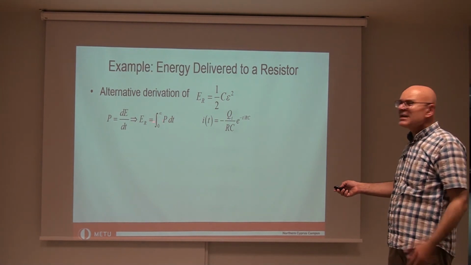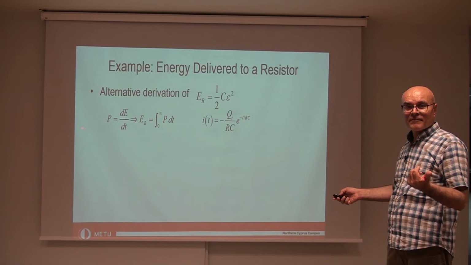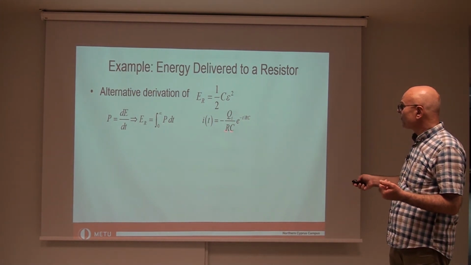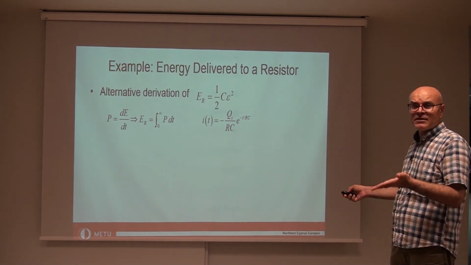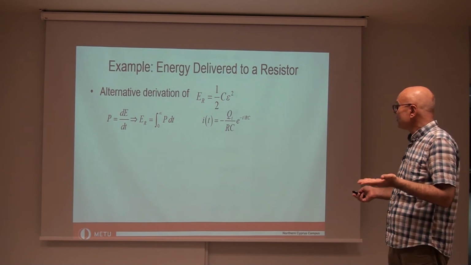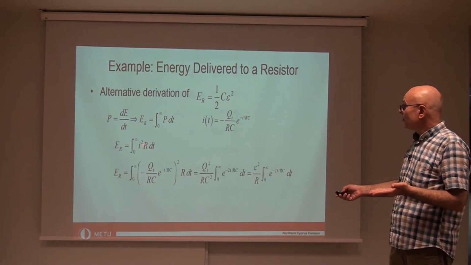Now what is P? P is I squared R in a resistor. Here, this is I, the current in the discharging circuit. It's not constant now, but nevertheless you can square it. You substitute this I here and square it.